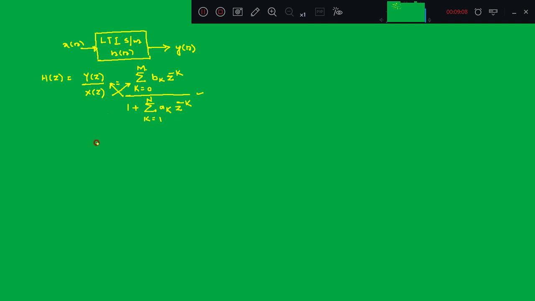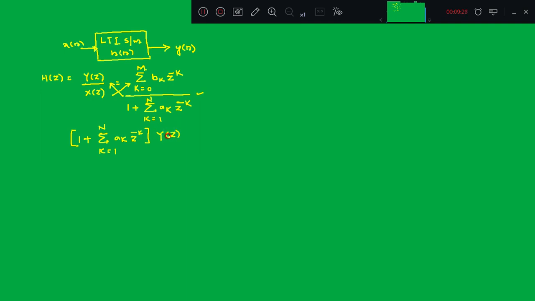I will do the cross multiplication, so that what I will get is: 1 plus summation k is equal to 1 to capital N, ak z raised to minus k, and here it is Y of z.